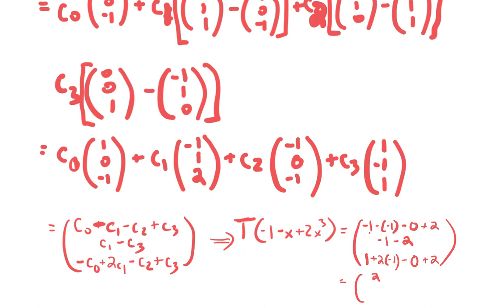Negative 1 minus 2 is minus 3. And 1 minus 2 plus 2 is 1. So this transformation sends this polynomial, negative 1 minus x plus 2x cubed, to the vector 2, 3, 1.